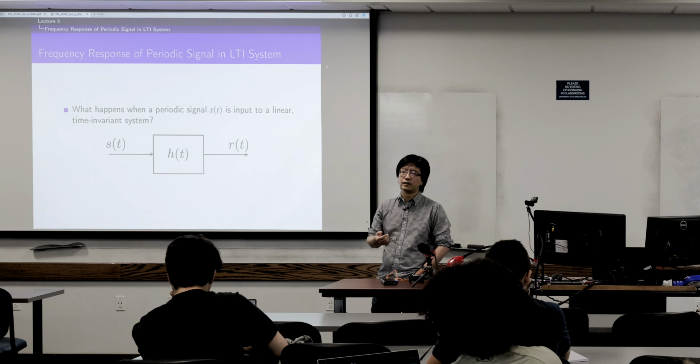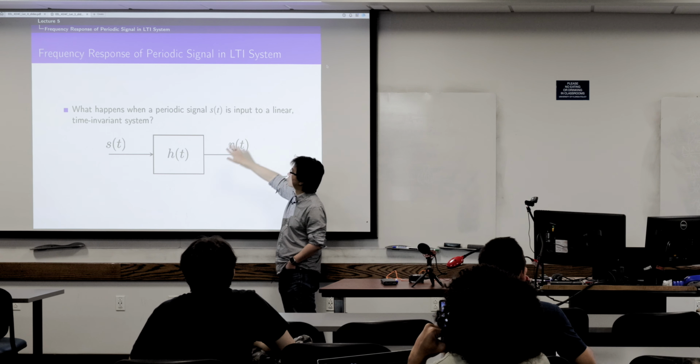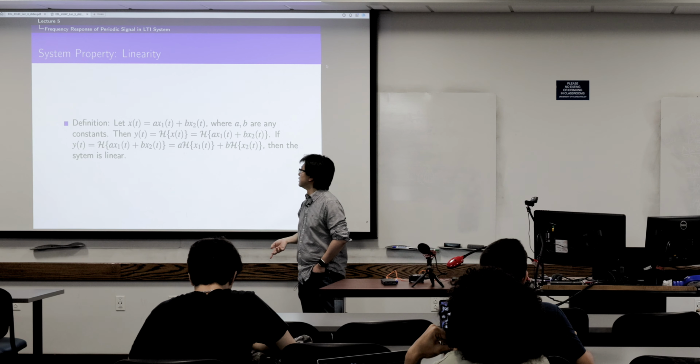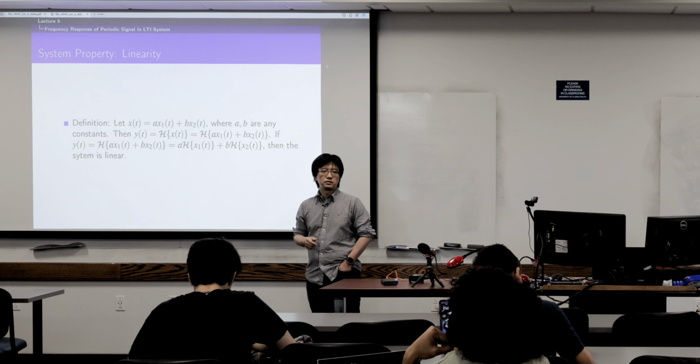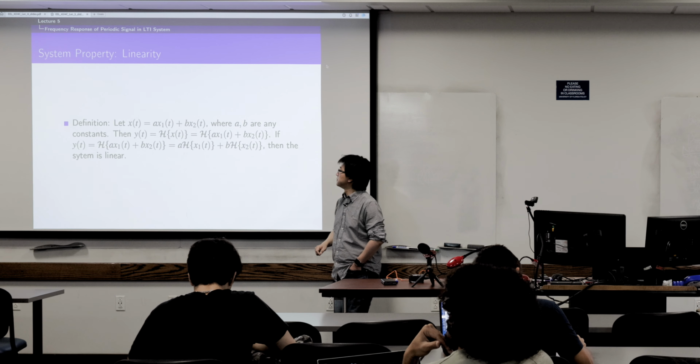In particular, in this class and in many other classes, what we care about is the so-called linear time invariant system. We're going to take a deeper look at this. It's so important. All communication systems, including wireline and wireless communication systems, we try to model as a linear time invariant system. This is the definition of linearity.